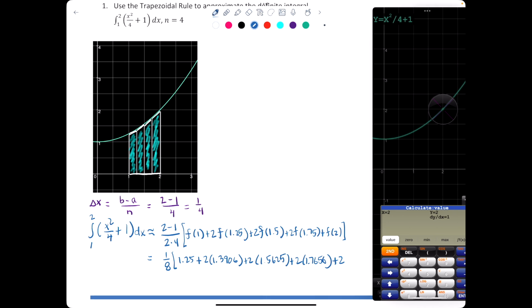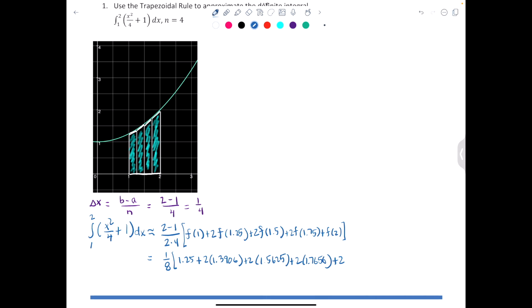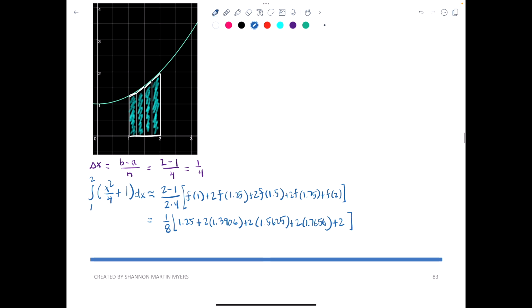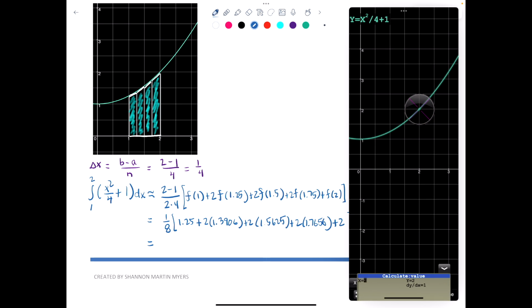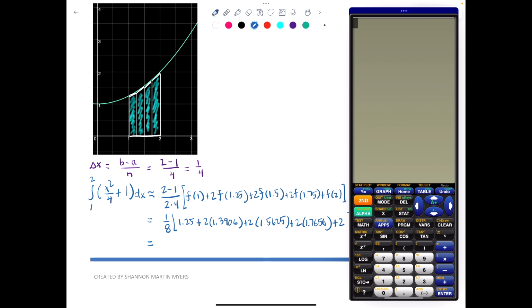So we'll take that one away for a moment and just check out what we have, right? Okay, so now, here we go. Let's add them all up. So what we'll have is 1/8 times 1.25 plus 2 times the rest of the values.